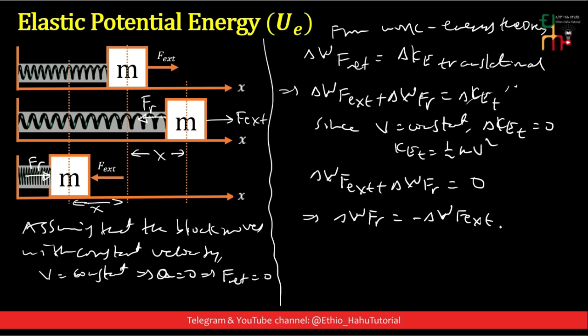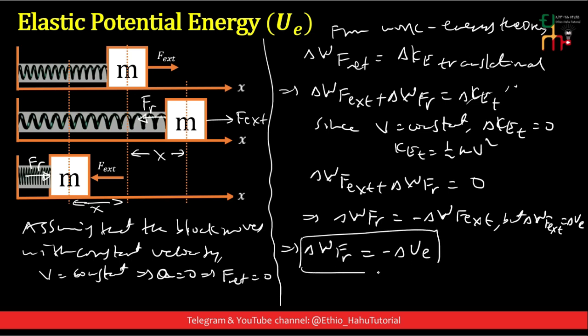We have found that work done by the external force is equal to the change in elastic potential energy. This implies work done by the restoring force is equal to minus the change in elastic potential energy. This is work done by a restoring force. Therefore, this one is work done by the force against the restoring force, and this is work done by the restoring force.